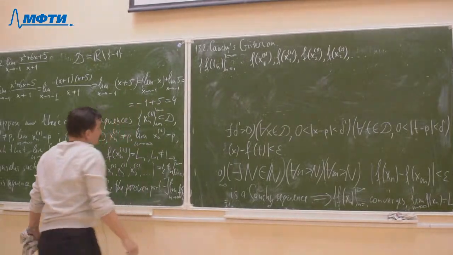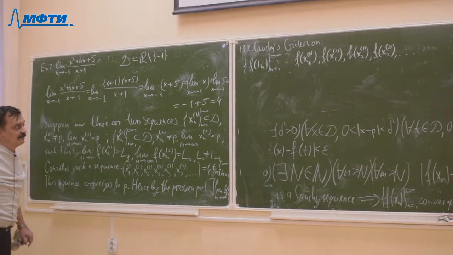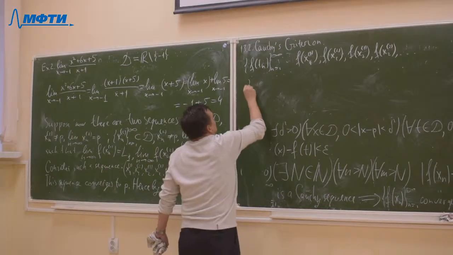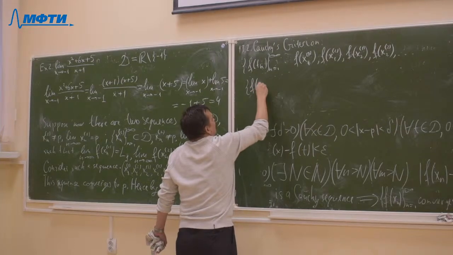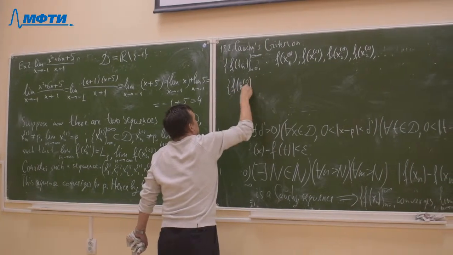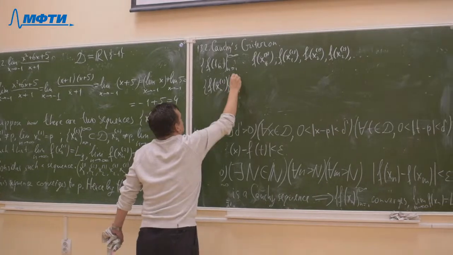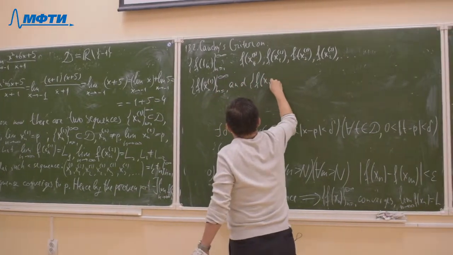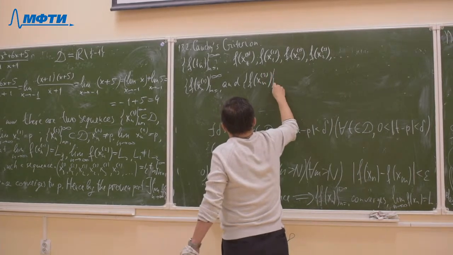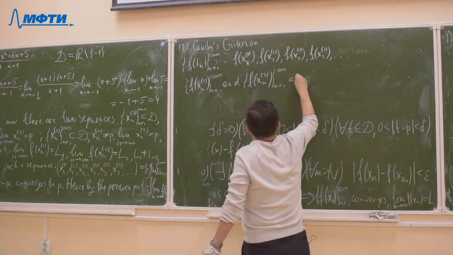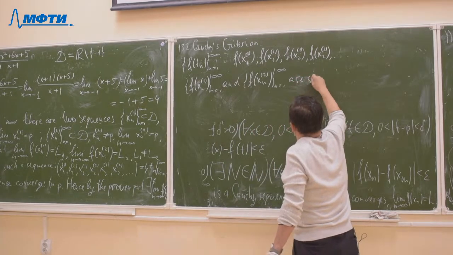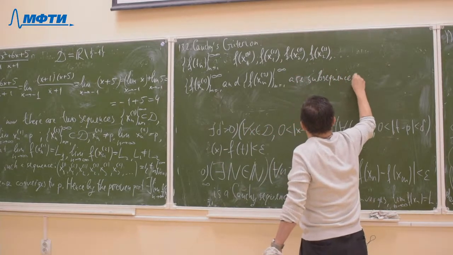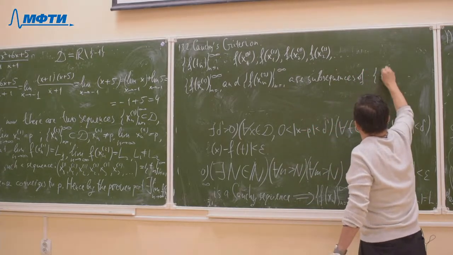So the sequence f of x_n has two subsequences, f of x_{n,1} and f of x_{n,2}, which are subsequences of f of x_n.